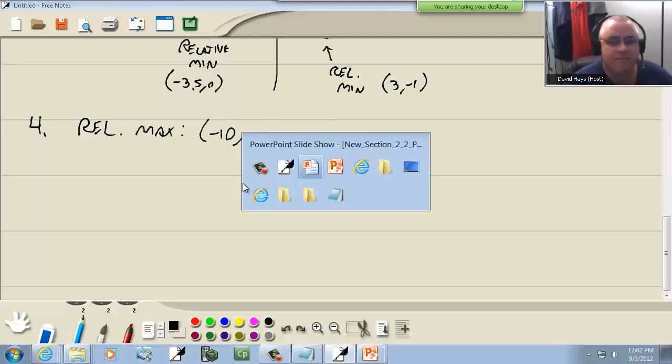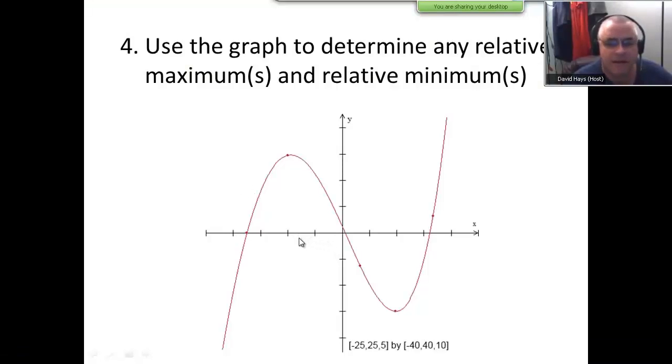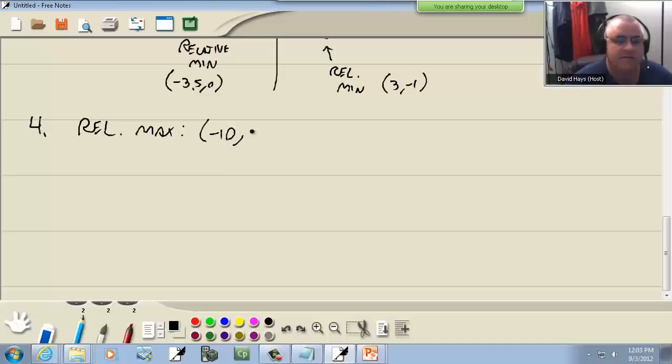And then our y values look like it's going up to this third one, which is 30. Remember, this goes by tens, 10, 20, 30. So -10, 30 would be our relative max.